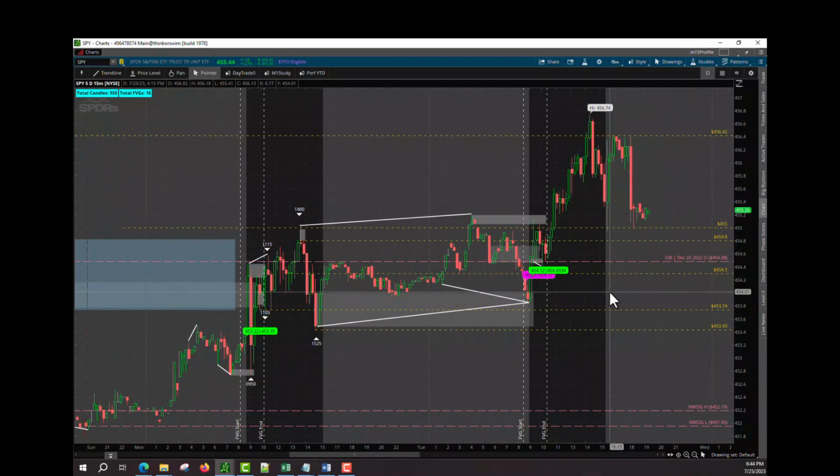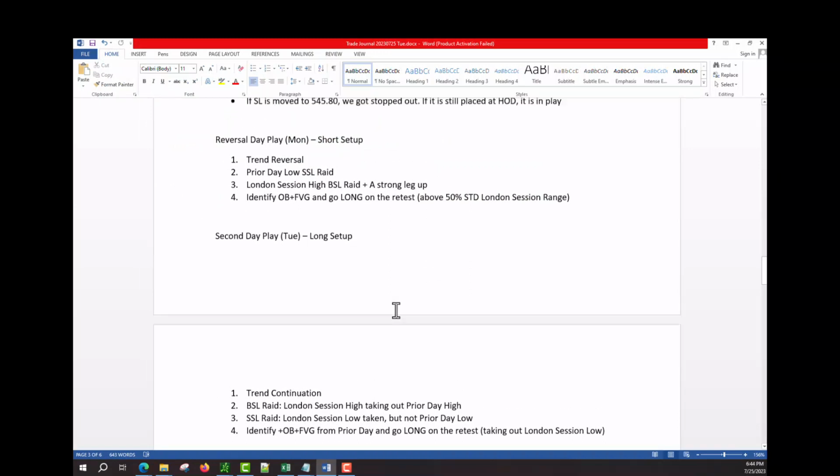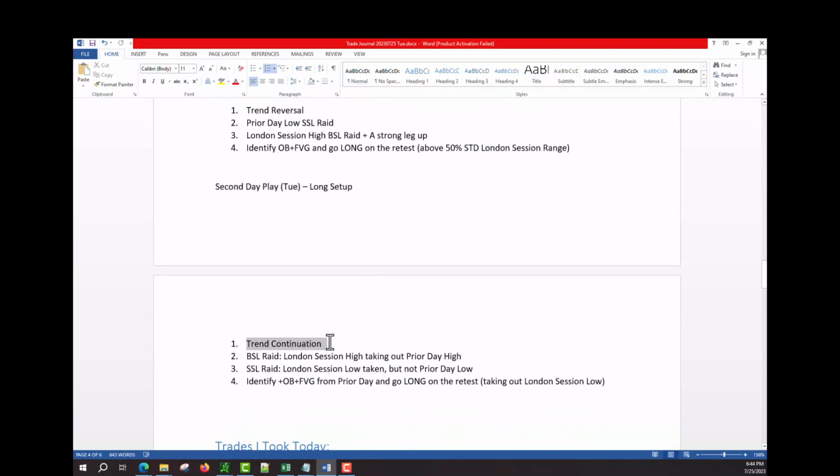So to summarize these two ideas, here's what we put in our journal. Today is Tuesday. We're going to do a setup called second day play. Basically, it's a trend continuation, which is the uptrend that started from Monday.